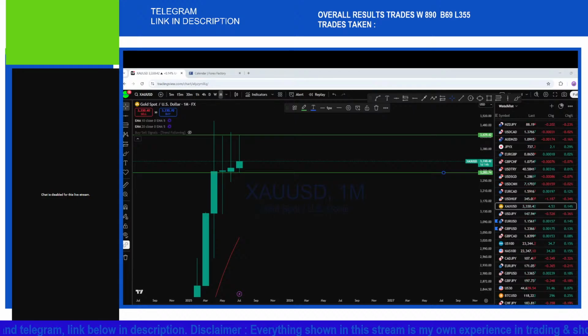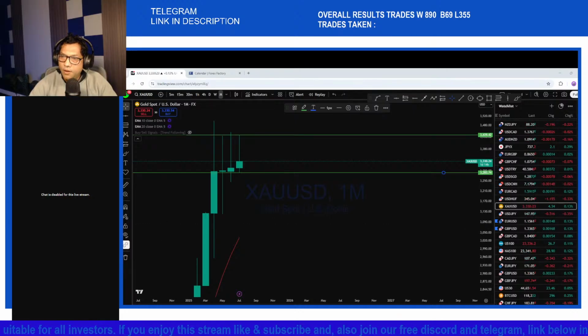And what we can see, now from the monthly in that area, gold from this resistance has got the rejection back below.